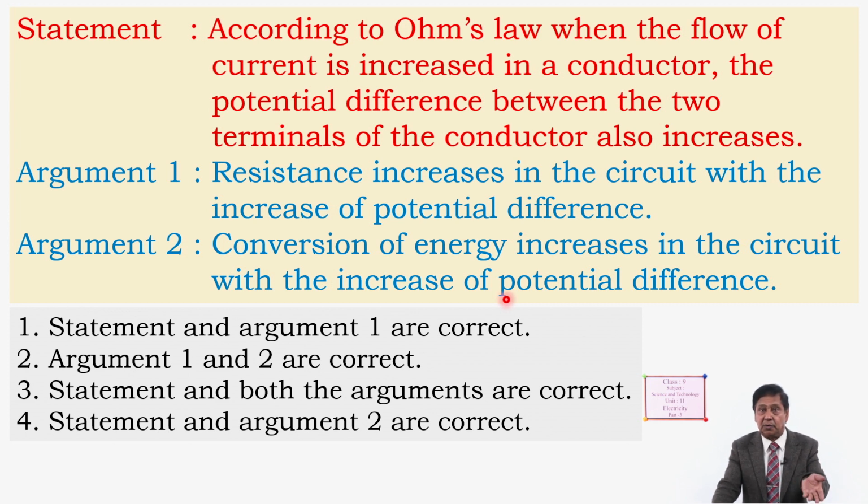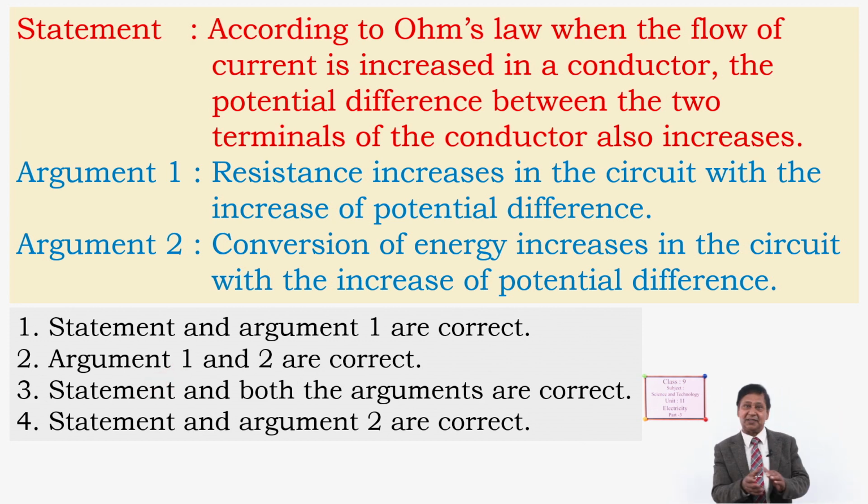What does it mean? The conversion of electrical energy into light energy was increasing with the increase of the number of cells, meaning potential difference. That's why this argument 2 is correct. The statement is correct, argument 2 is correct, so we have to tick this option number 4.